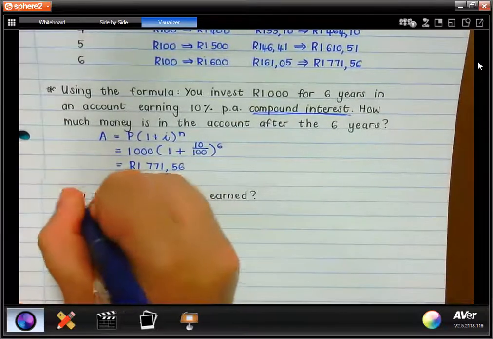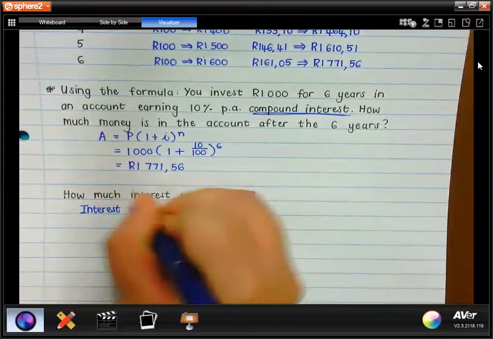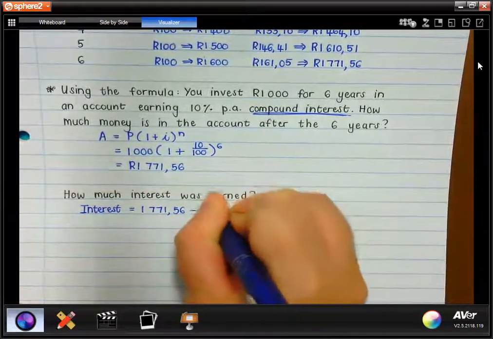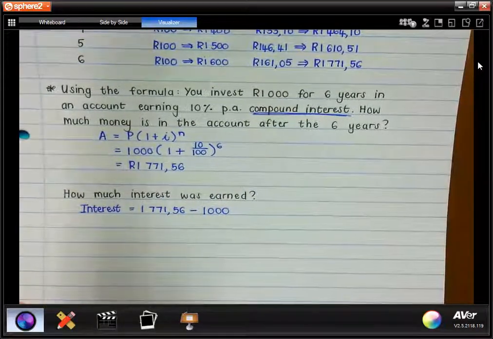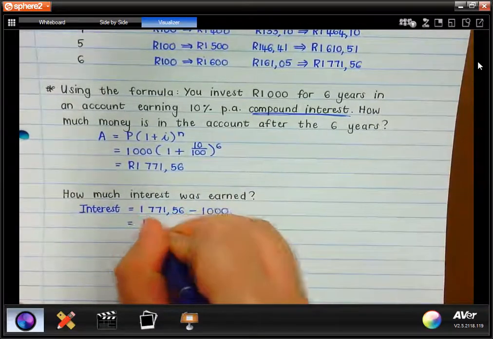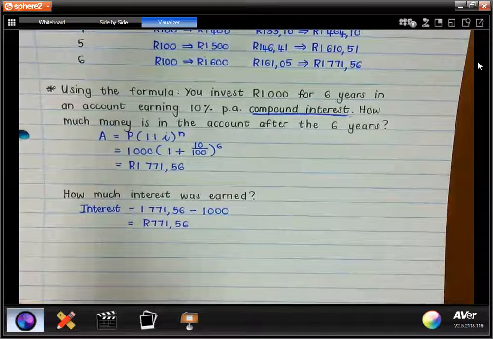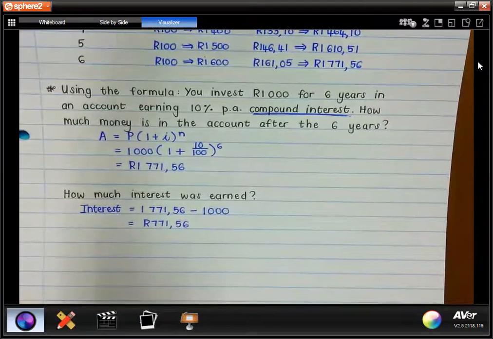So the interest is 1,771.56 minus the amount that we actually invested. What we get out minus what we put in. So 771 rand and 56 cents. And that's basically it, guys, for compound interest.